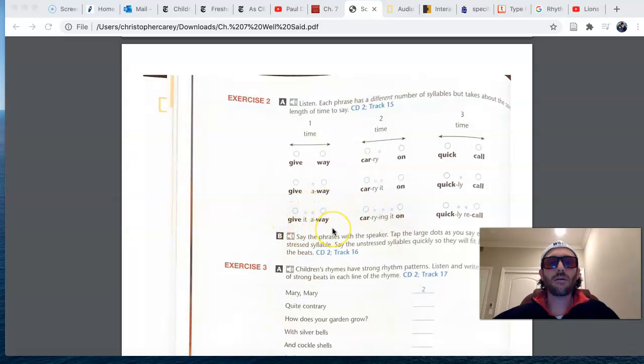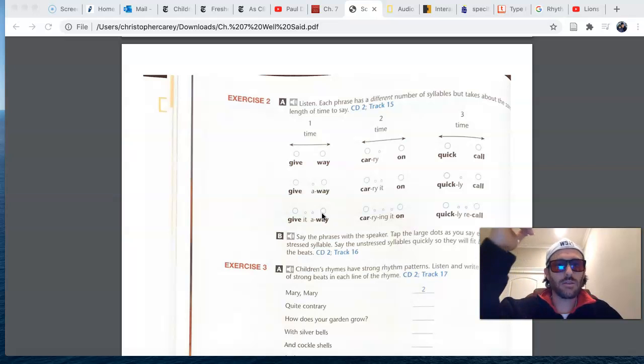Give it away, carrying it on, quickly recall. So this is what we're going to look at this chapter, is you recognizing where those strong syllables are and where to anticipate strong syllables, stressed syllables, based on the type of word.